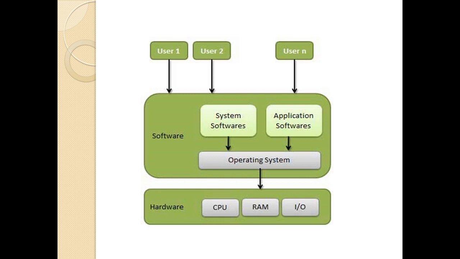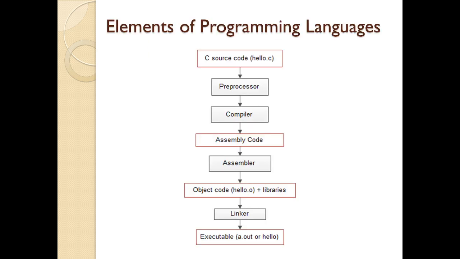At a time, n number of users can use these types of software connected with the operating system. It is not necessary that n number of users have to use the same application software. N number of users can use n number of application software at the same time with the help of system software and the operating system.